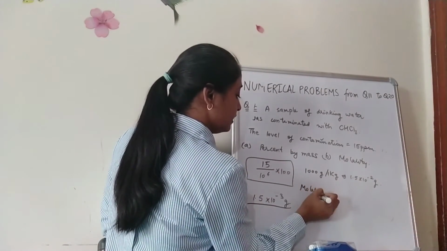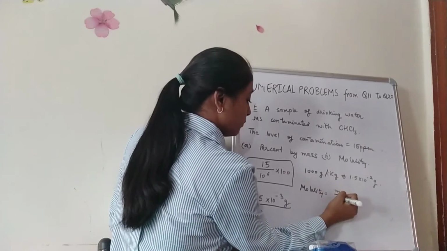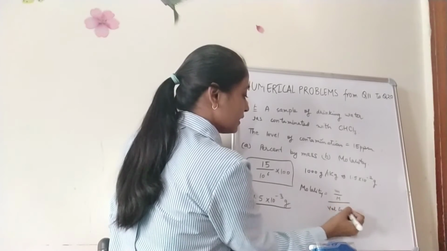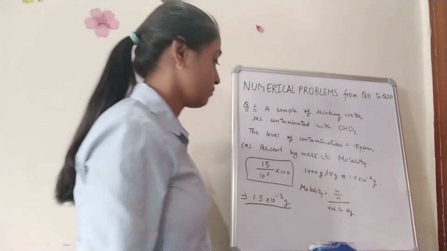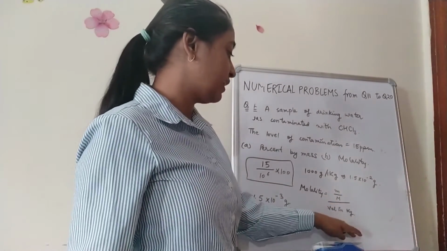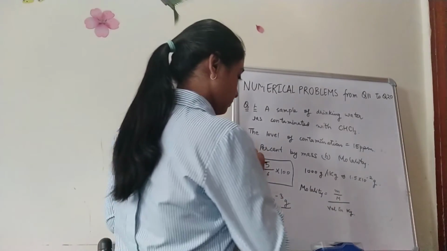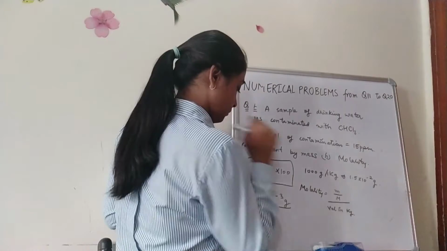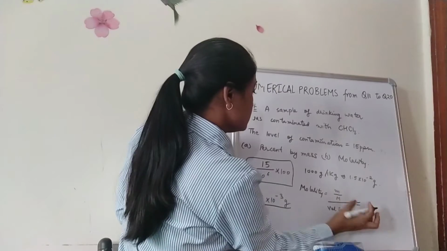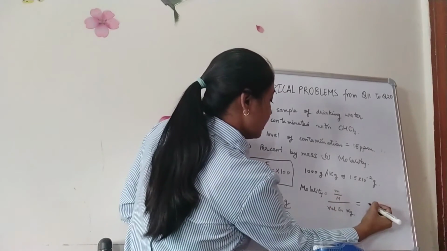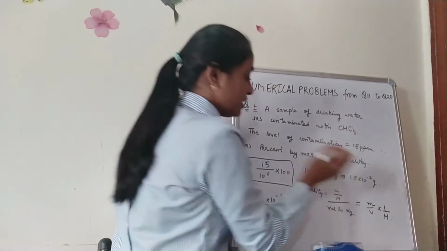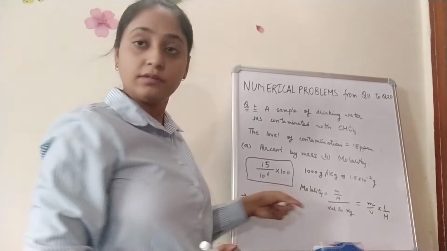Molality will be equal to mass by molar mass, that is number of moles, divided by the mass of solution in kg. So we can write mass by volume into 1 by molar mass, like this.